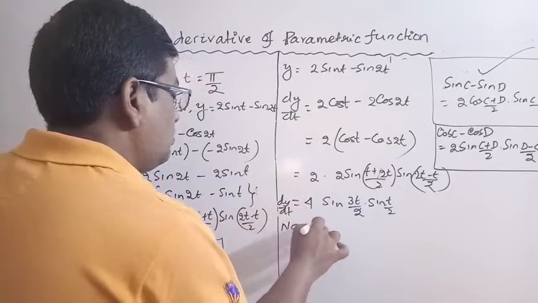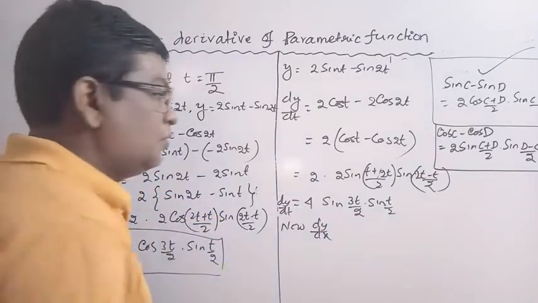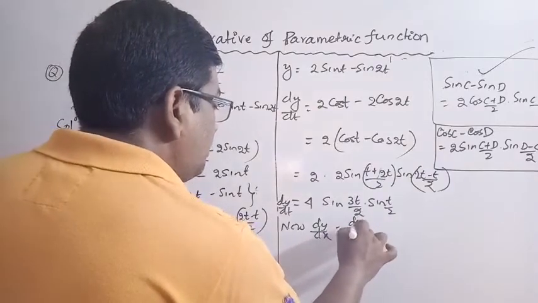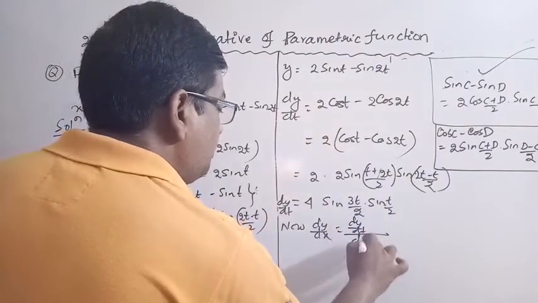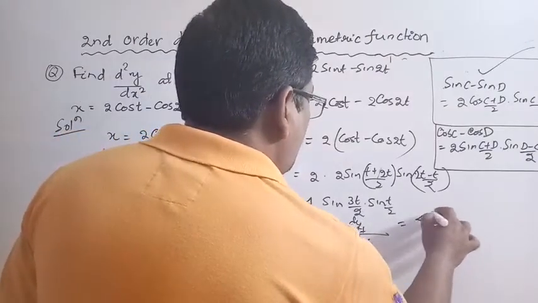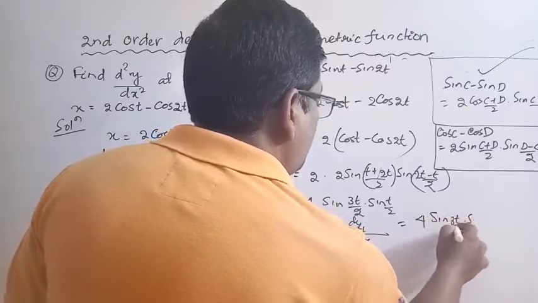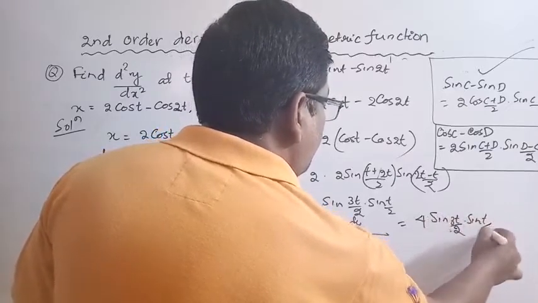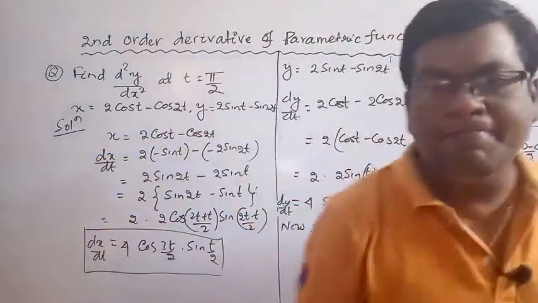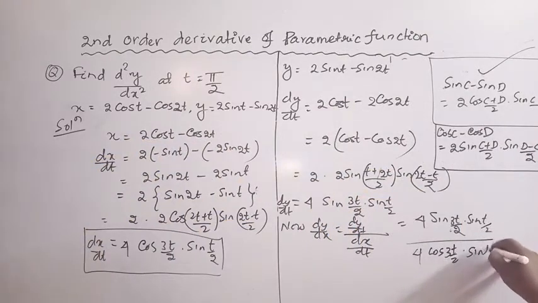Now dy by dx is equal to dy by dt divided by dx by dt. So 4 sin 3t by 2 into sin t by 2, whole divided by 4 cos 3t by 2 into sin t by 2.